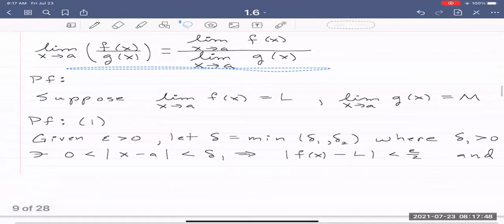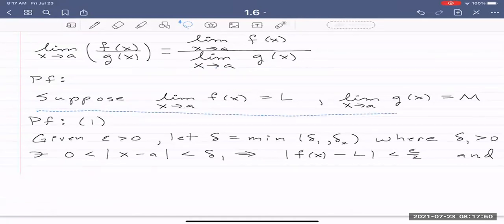Just so that I can plug into the lemma, I will actually let these limits have some sort of notation. So suppose the limit as x approaches a of f of x is equal to L, and the limit as x approaches a of g of x is equal to m.